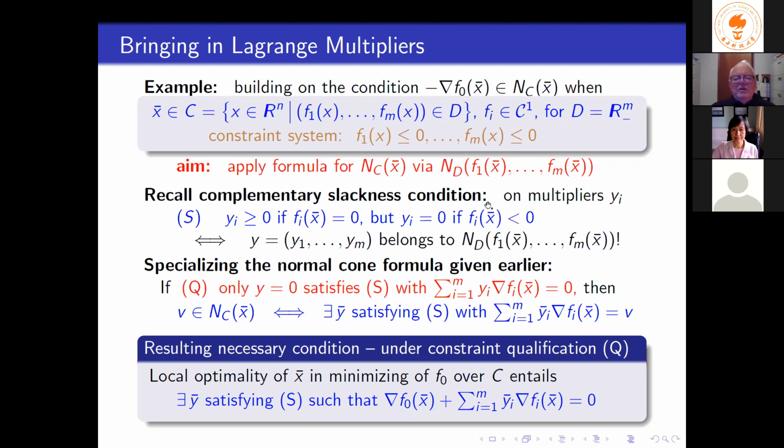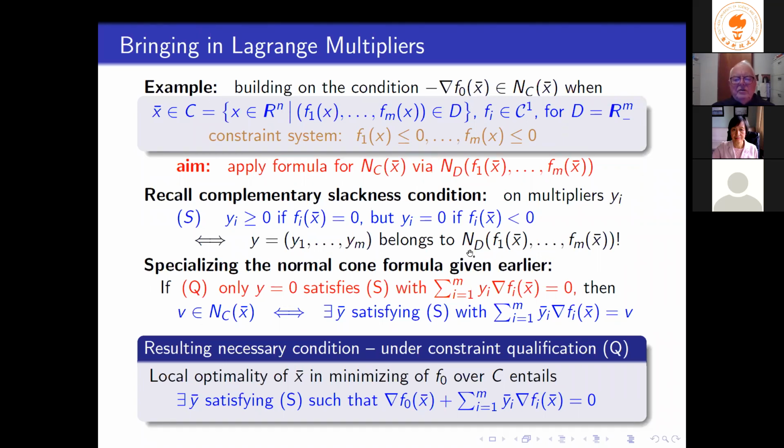The multipliers that are associated with inequality constraints have to satisfy this condition, that they're non-negative if the constraint is active, but they have to be 0 if the constraint is inactive. Complementary slackness. And this is exactly the condition. This exactly describes the normal cone.